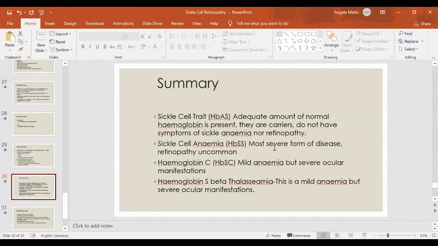Our SS patients have the most severe form of the disease, but retinopathy in our sickle cell disease patients is uncommon. Our hemoglobin C patients have very mild anemia, but they have severe ocular manifestations. And in our sickle beta thal patients, it's a mild anemia, but they too get severe ocular disease.